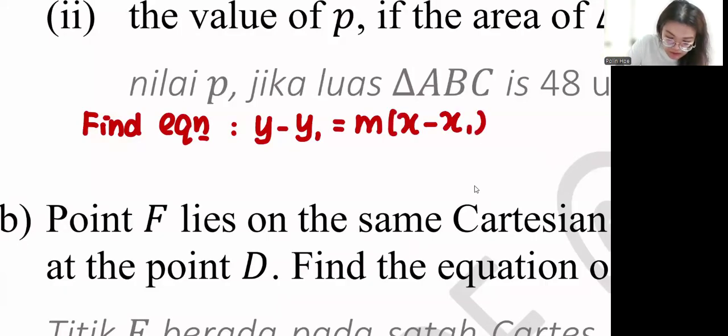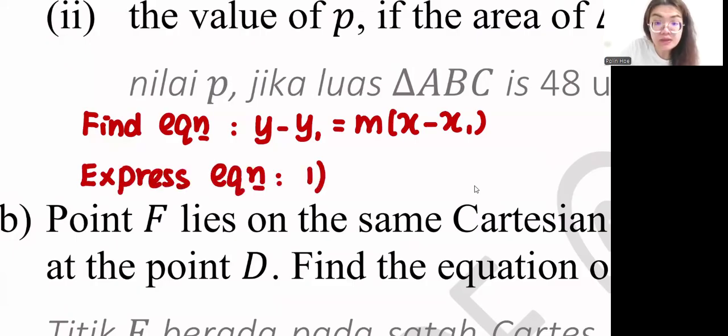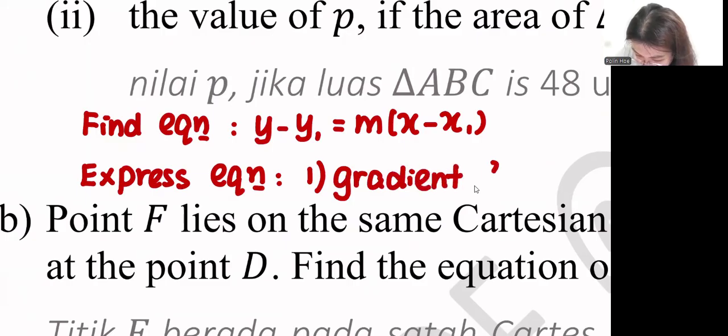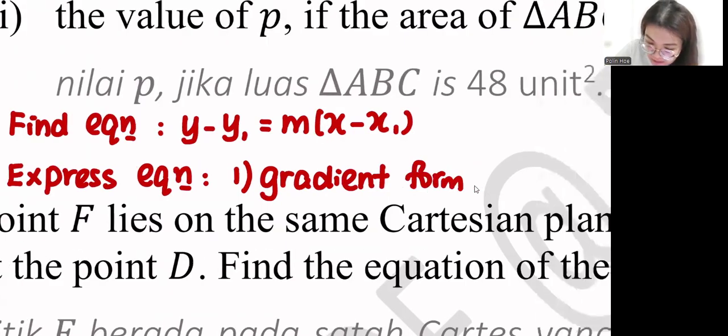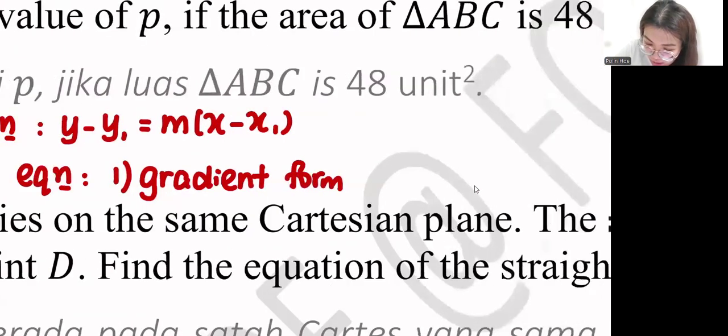When you express means give final answer, equation. First one is known as gradient form. Gradient form, simple. This is what we have. Y is equal to mx plus c.